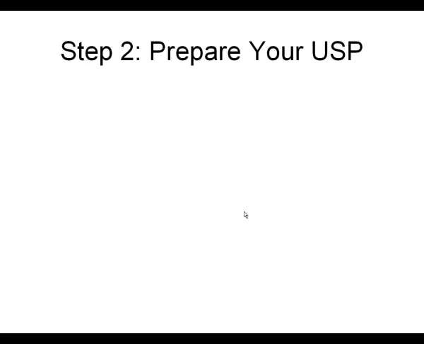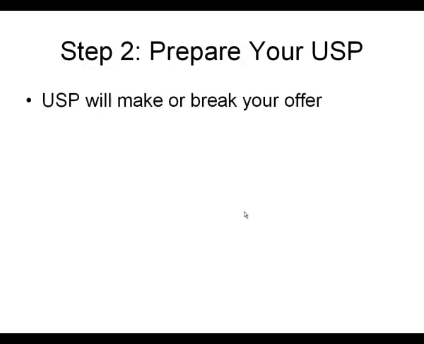So the second step is to prepare your unique selling proposition. Your USP is going to make or break your offer. It has to be something that's attractive, something that's sexy, something that people want to get. I mean, if it's information, then it's information that they're going to want to get. It's not just sign up for my list or sign up for my newsletter and get regular warnings about the market.